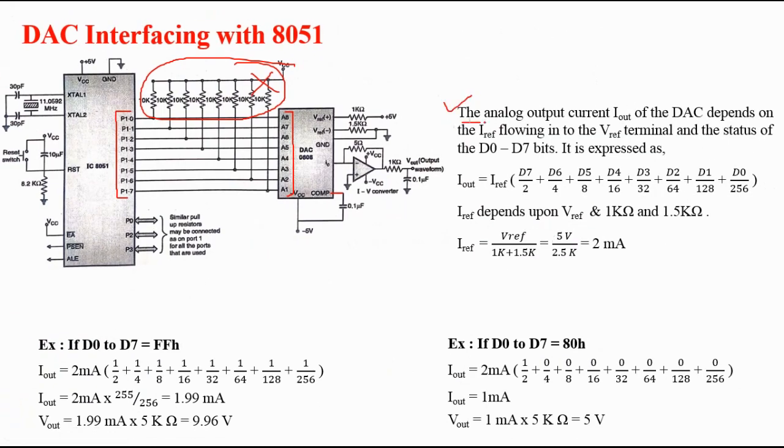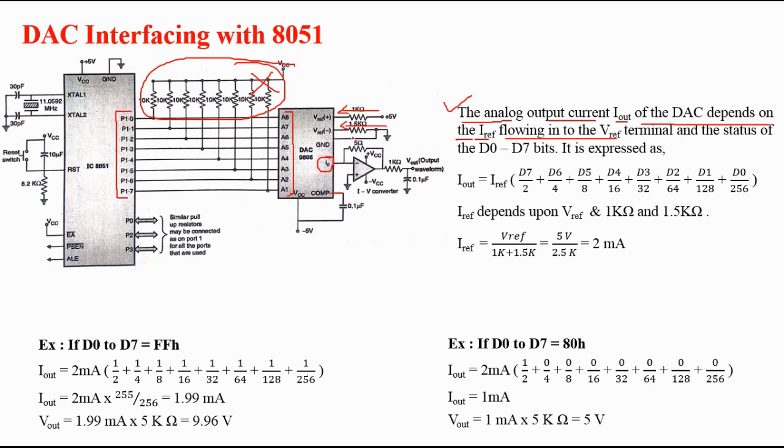The analog output current, that is I out, which is available at this place of the DAC, depends on the I reference flowing into V reference. This is 5 volt and the current will start flowing like this, towards the ground terminal.